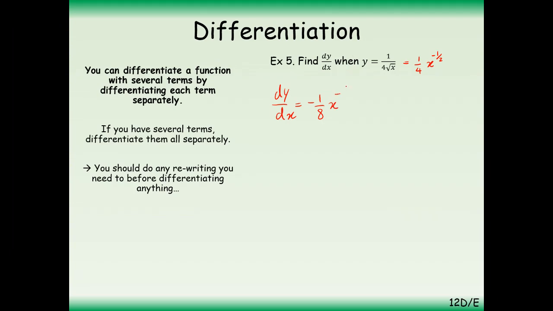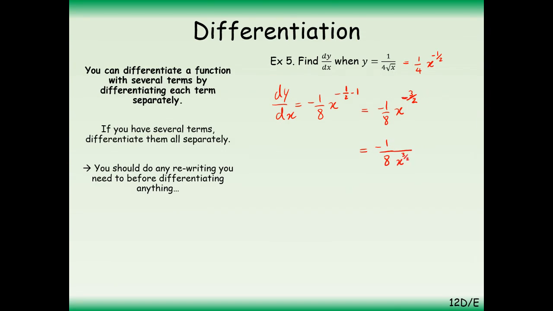I'm just going to write minus half minus 1 here, so you know what happened, and then right after that is minus 3 over 2. You can put it in the calculator, work it out. That's the answer there. You can tidy things up and rewrite it like x in the denominator with the power of 3 over 2.